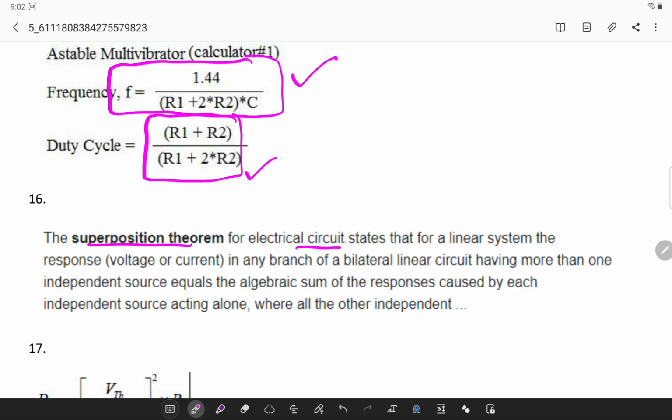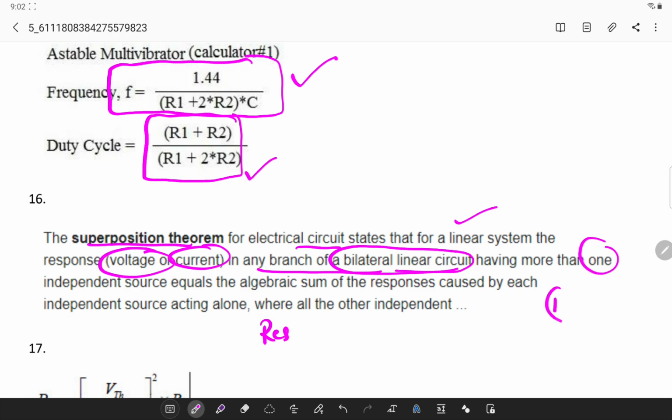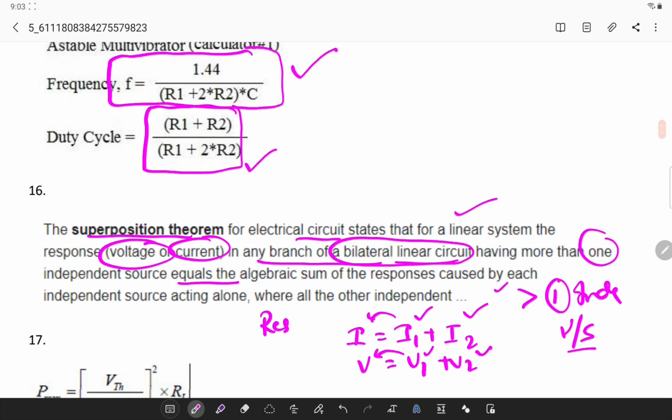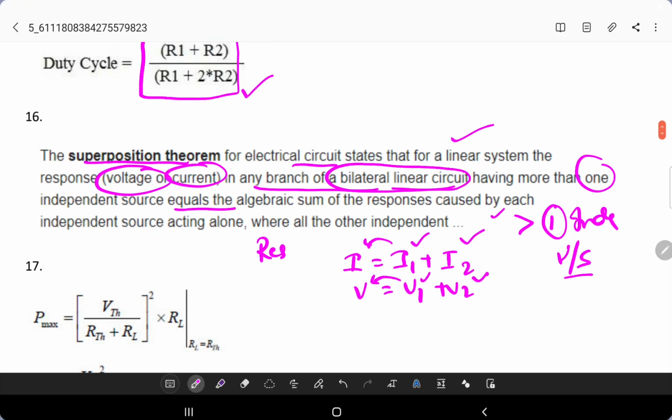It is a theorem which states that for a linear electrical system, the response, voltage or current, at any branch of a bilateral linear circuit having more than one independent source, voltage source or current source, is I equal to I1 plus I2. I take each source independently and get the values, then I add them to get the response when both sources are taken at a single time. So this is the definition of it.